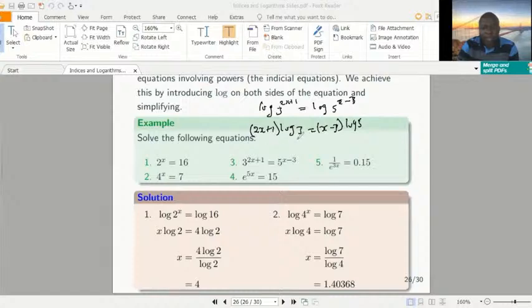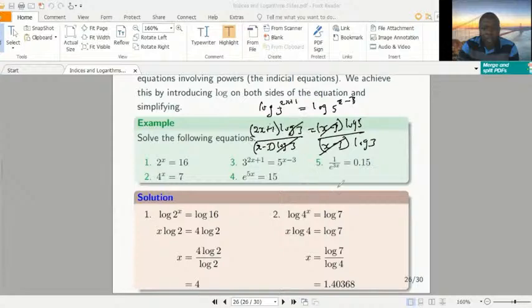Now, make the unknowns the subject of the formula. That means I can divide this side by x minus 3 log of 3, and also divide this side by x minus 3 log of 3, so that this one cancels and this one cancels.